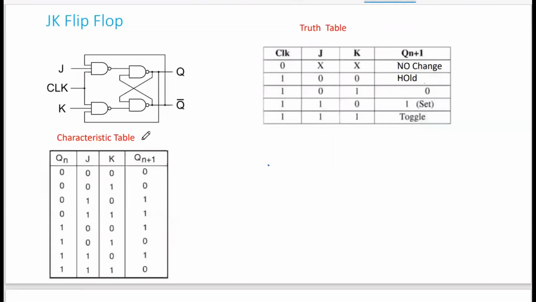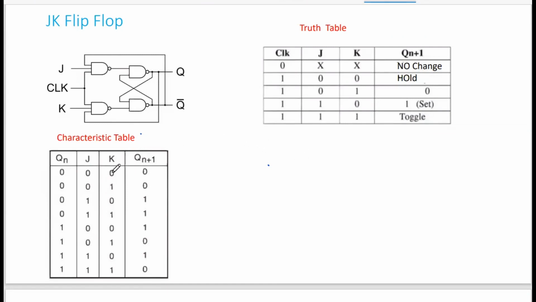So this is your characteristics table. So how is the JK flip-flop being created? This is your SR flip-flop, and we have your output Q bar going to J and output Q going to K. So this is the exact thing which we are actually getting.